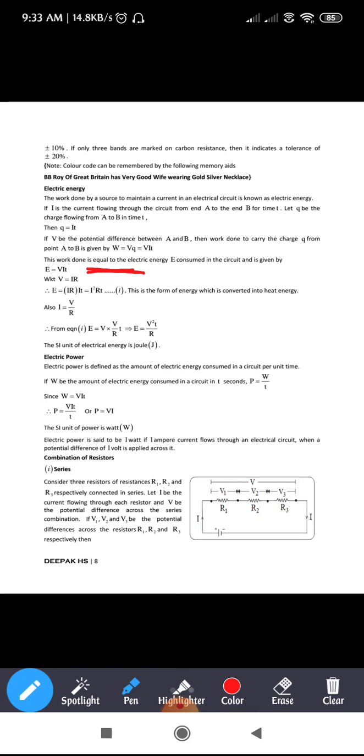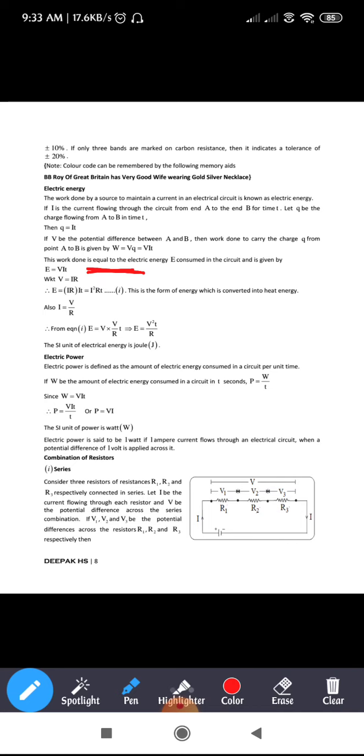If we substitute V as IR, E reduces to I square RT. If we substitute I as V by R, E reduces to V square T divided by R. As usual, the SI unit of electrical energy is the Joule.